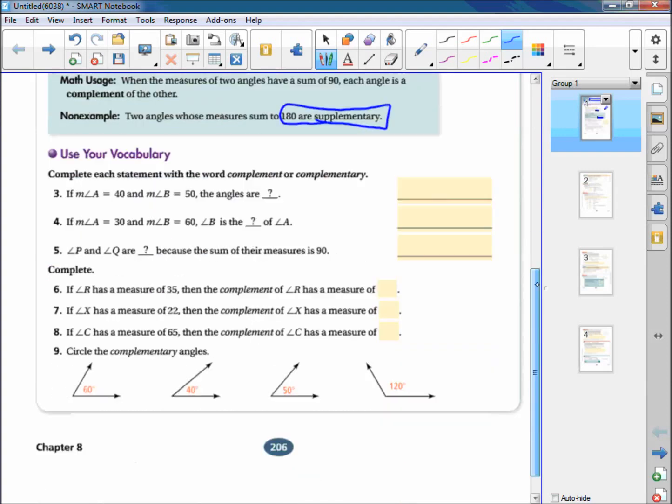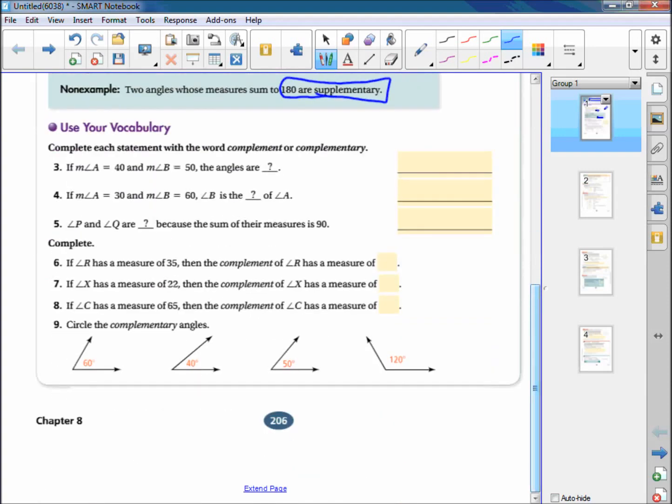Complete each sentence with complement or complementary. If the measure of angle A is 40 and the measure of angle B is 50, then the angles are complementary. Remember, if two angles add up to 90, then they're complementary.